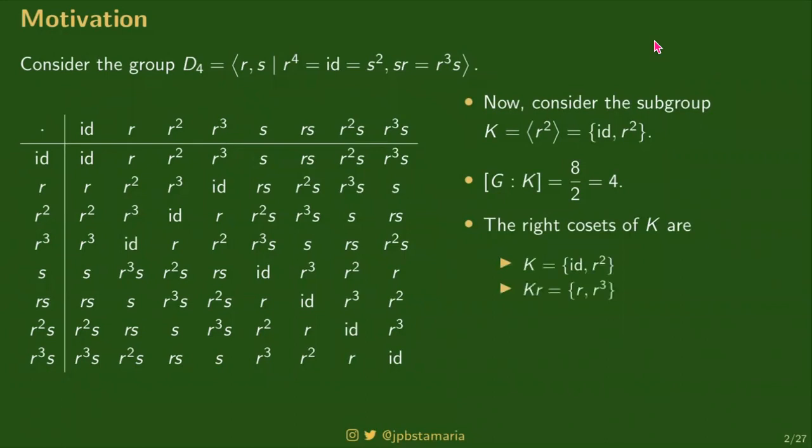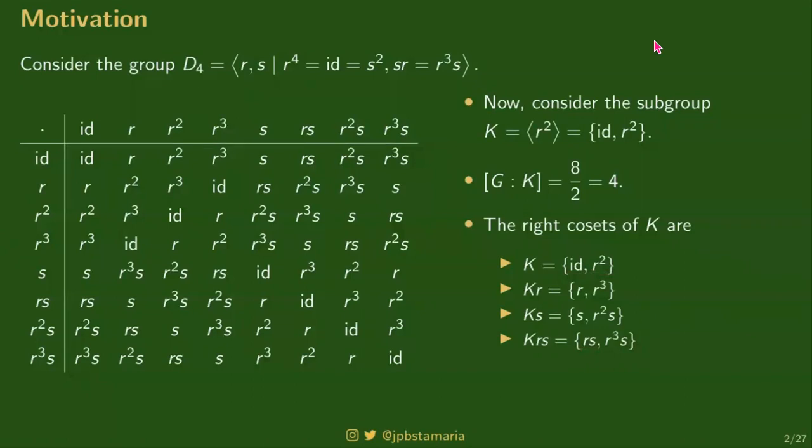Lumabas na yung 4 na rotations. If I multiply an S on the right, you get S, R squared S. Ang di pa nababanggit, si RS. If I multiply an RS on the right, I get RS and R cubed S. And there you have the 8 elements of D4.